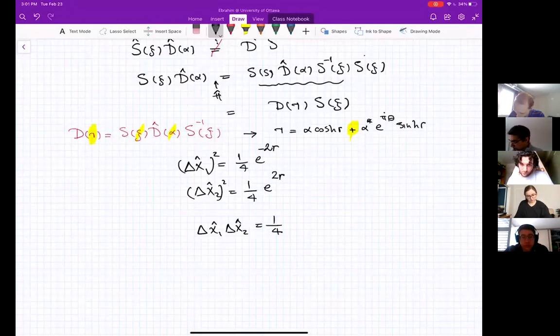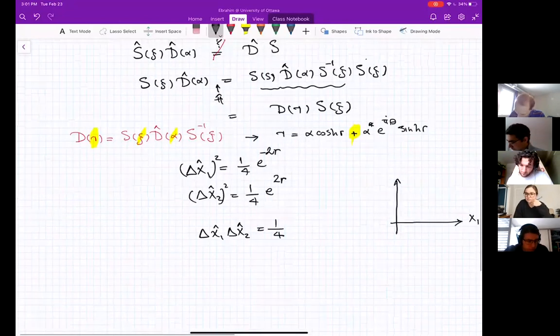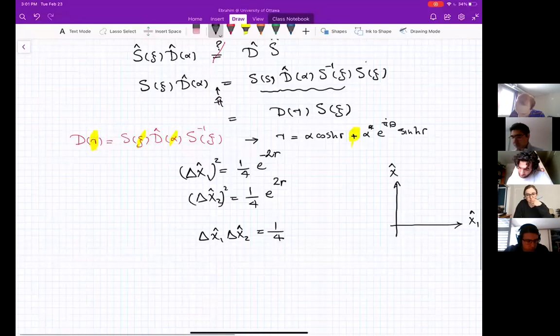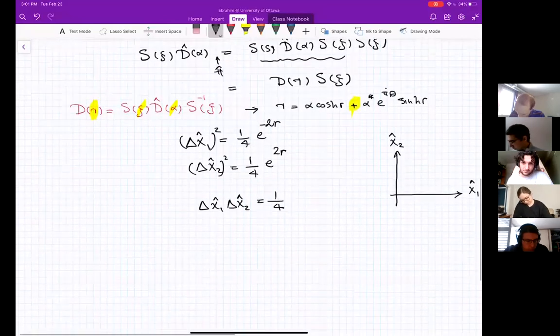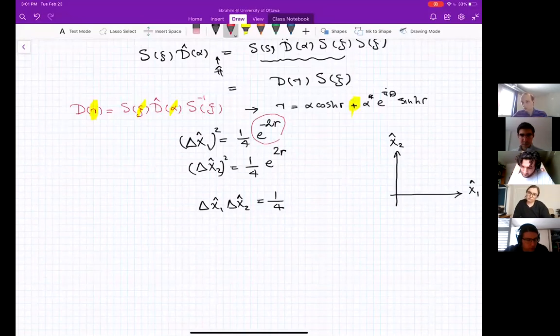So it seems that the area is fixed. However, what is happening, if you plot them, you will see that along x1, the state has an uncertainty which is reduced by this parameter, which is exponential of minus 2r. What is the magnitude of squeezing that you do?